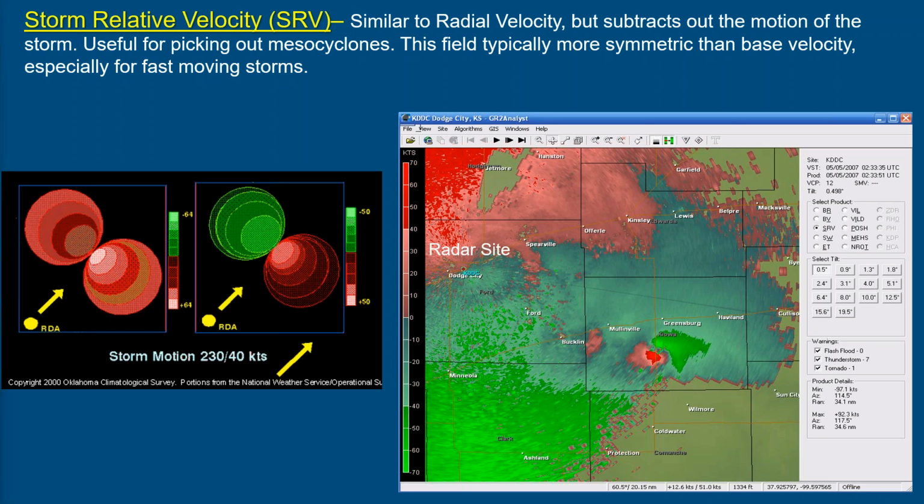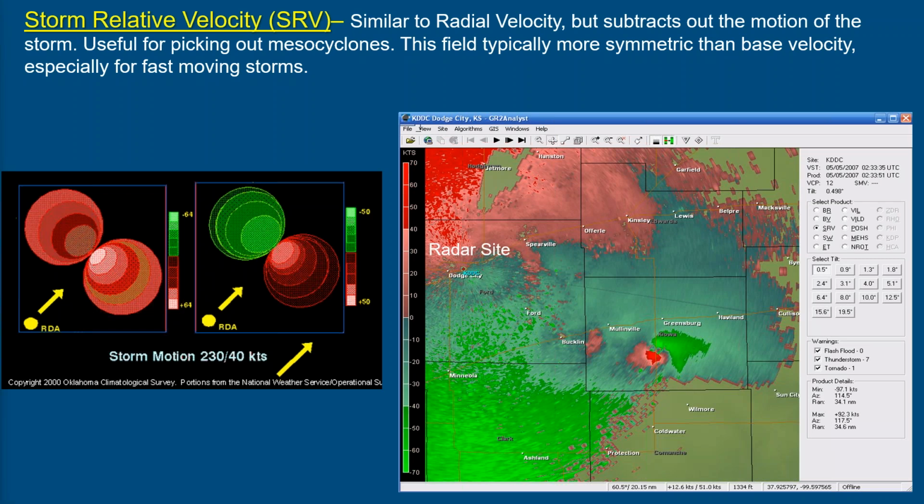If you look at the example on the left, I've got a storm moving away from the radar. I've got strong outbound next to weaker outbound. That's what the reds are showing. But if I subtract out the storm motion, now we have a more symmetric vortex. So it can be easier to recognize circulations in the storm relative motion mode.